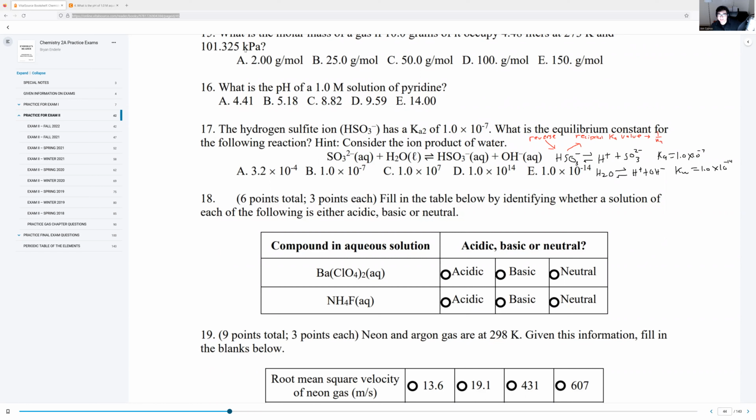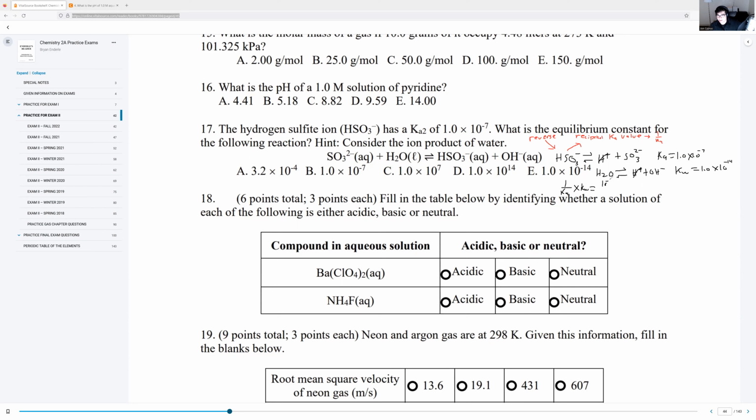Because I have to reverse it, and then this water just stays the same, right? Now, when I add these up, things will cancel out. And so we get the proper equation, but now with your equilibrium constants, remember that you do not add them, you multiply them. So I get 1 over Ka, because I reversed that first one, times Kw, and then I just plug in the numbers.